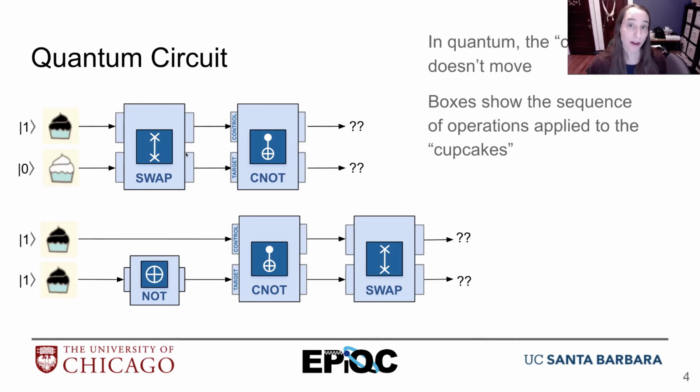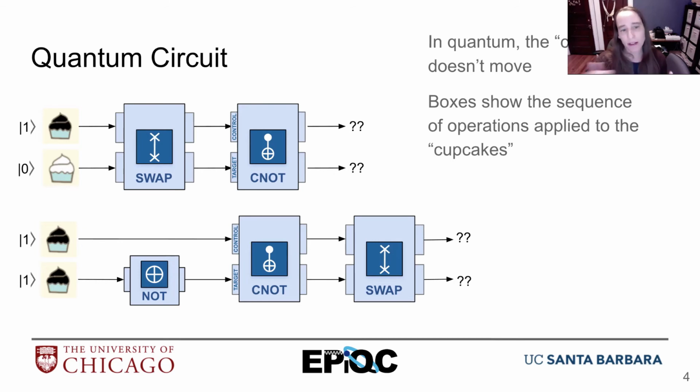The big difference between what you're seeing in this quantum circuit and how we interpreted the conveyor belt is that in quantum computing, we're not moving the cupcakes through devices. The devices that you see, or operations, these symbols are just the order in which operations are going to occur. No movement necessarily takes place.